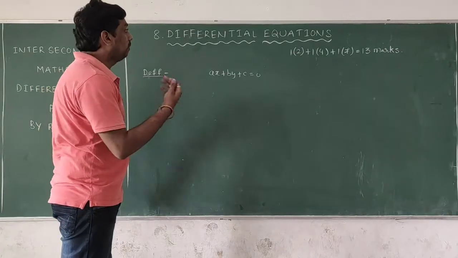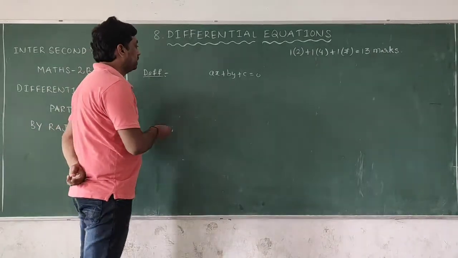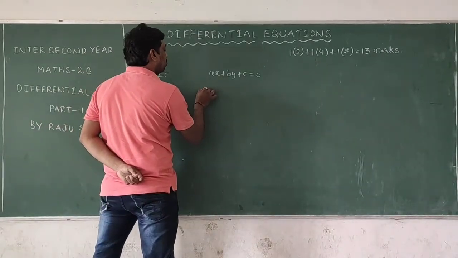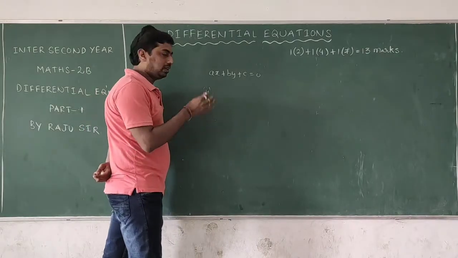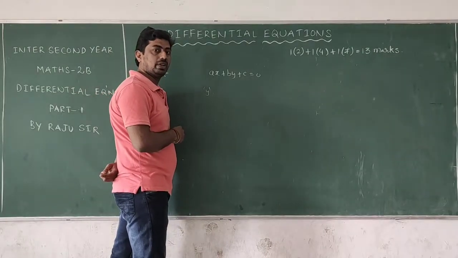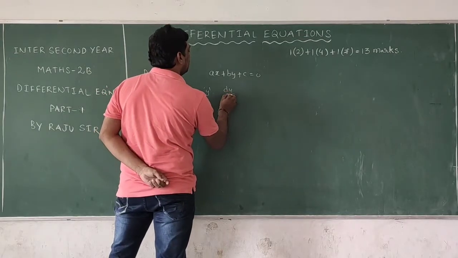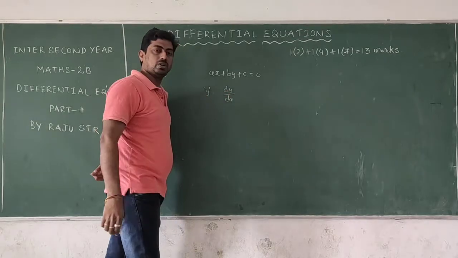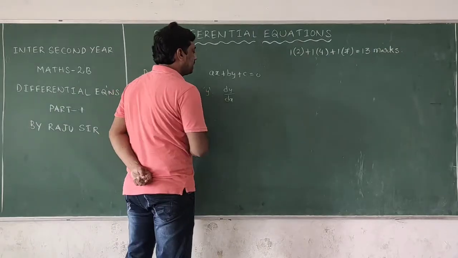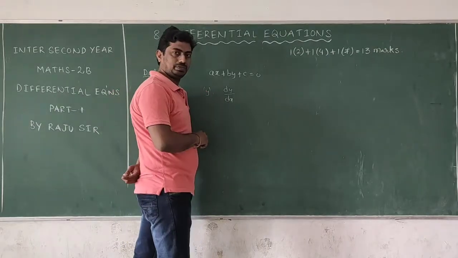Not understood what derivative terms means? Clearly we know the derivative of y, from first year differentiation, is completed now, right? The derivative of y is denoted by dy by dx. So what is the order? First order.